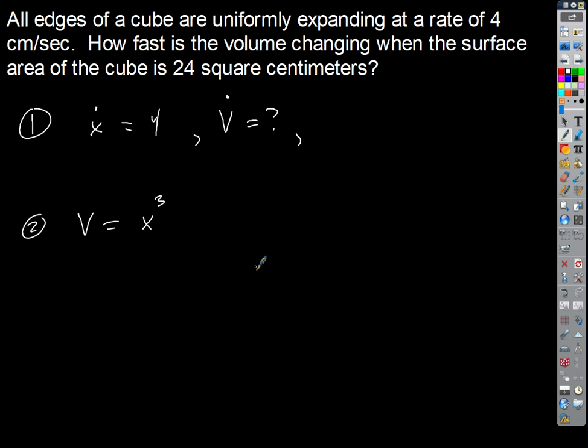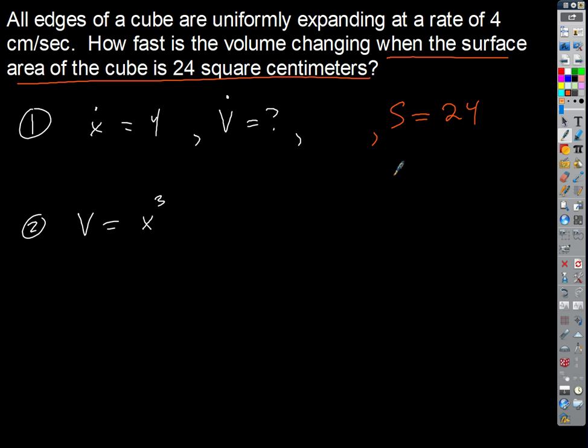Everybody see that? We put the 24 square centimeters up as the snapshot value. We can use the surface area formula. The surface area is 24, and each face is X squared, times 6, right?